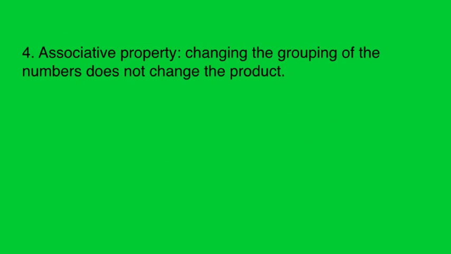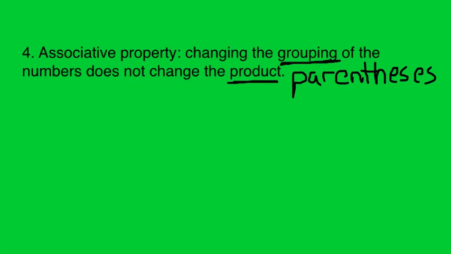And we also have an associative property of multiplication. So this again says changing the grouping of the numbers does not change the product or the answer. And again, remember, this is working with parentheses or grouping symbols. Okay, so let's look at an example. 1 times 2 in parentheses times 3.